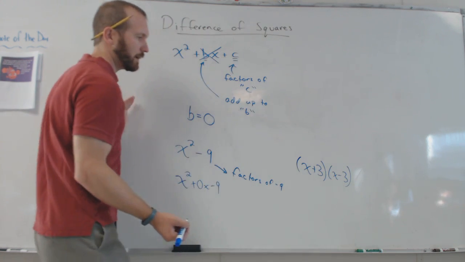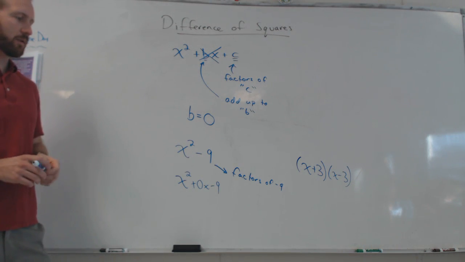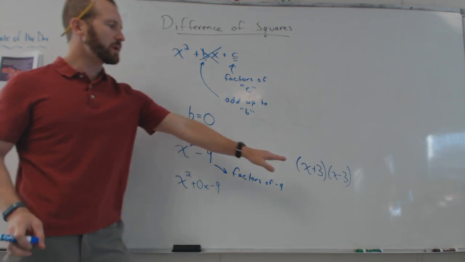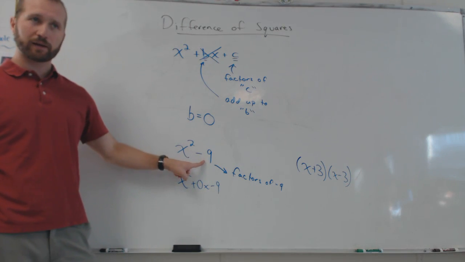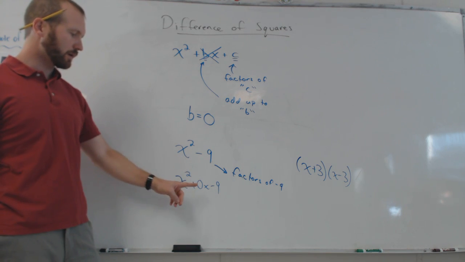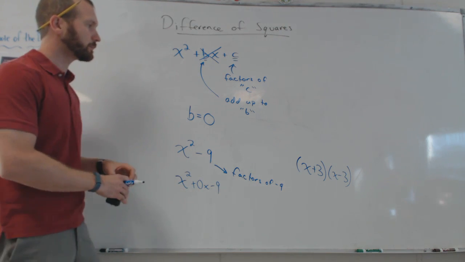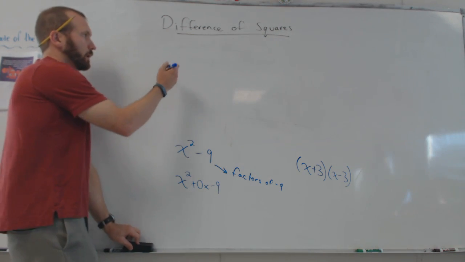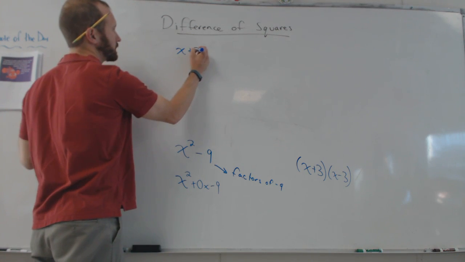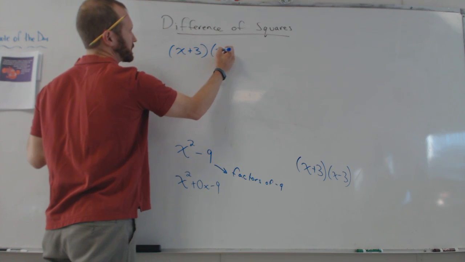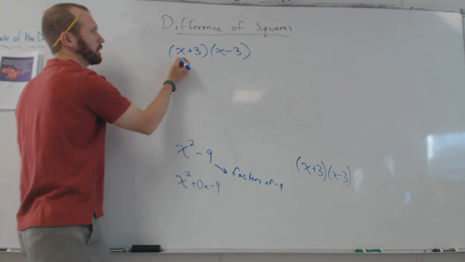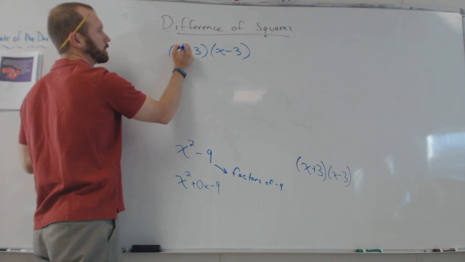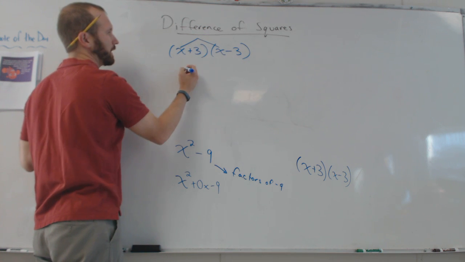Let's just FOIL that out to check to see if it really works. 3 times negative 3 is definitely negative 9. But let's see if we really get 0x in the middle. So we've got x plus 3 times x minus 3. I'm going to do x squared.